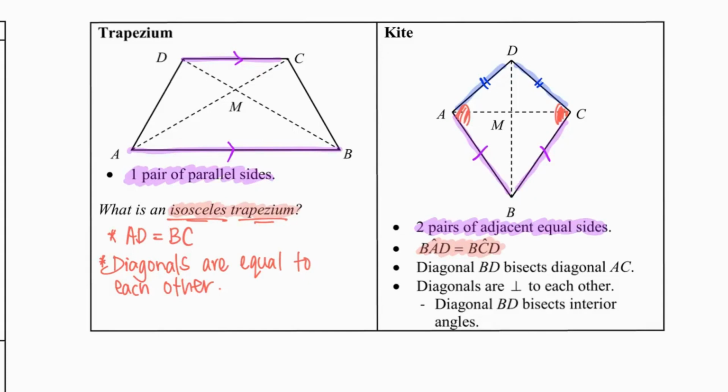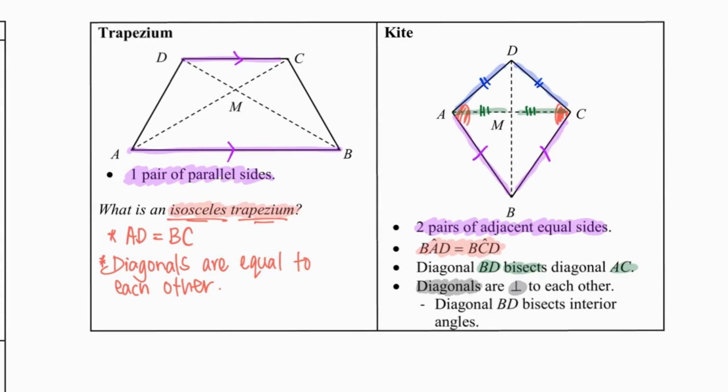And the diagonal BD bisects diagonal AC. So this means that BD bisects AC. Okay, AM and MC, equal length. And last, their diagonals are 90 degrees to each other.